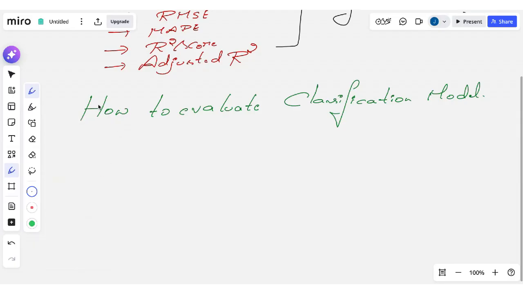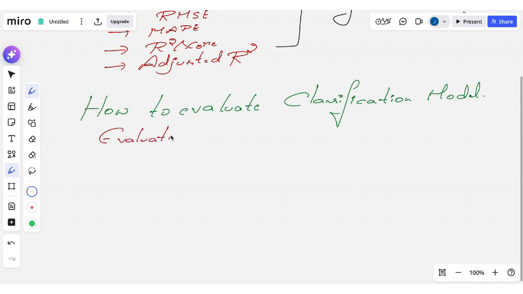Whenever you want to evaluate a classification model, it is basically predicting categories, right? Like diabetic, non-diabetic, is there a high risk of heart attack or not, something like that. So don't you think the evaluation should be based on the correct predictions and the wrong predictions? Yes.